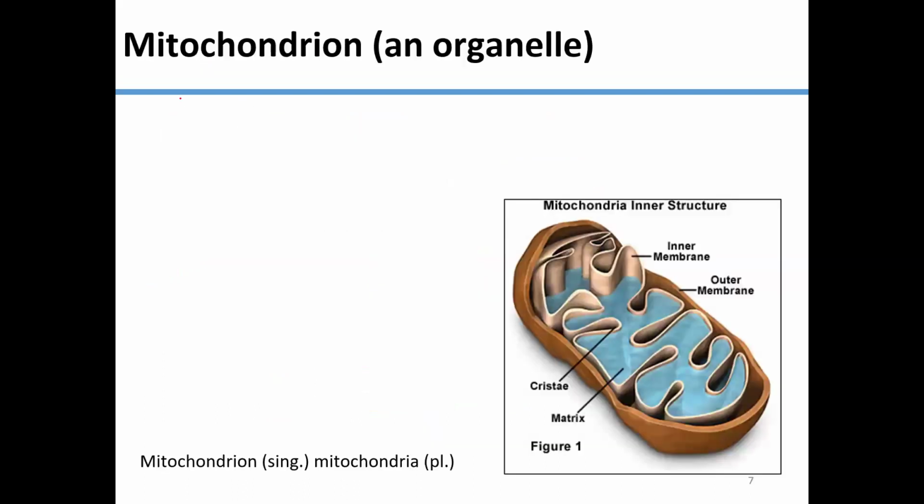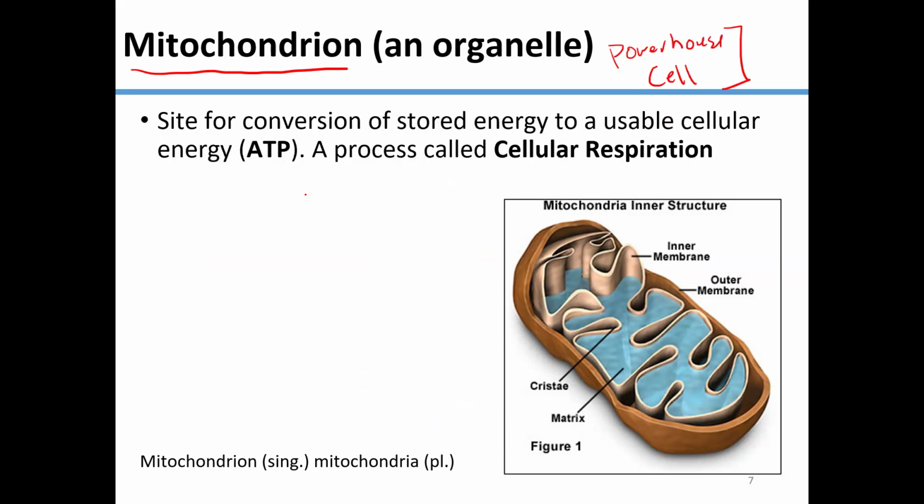The next organelle we're going to look at is known as our mitochondria. Now, when it comes to the mitochondria, I'm sure you've already heard that it is the powerhouse of the cell. Now, I'm sure you're probably wondering, why is it known as the powerhouse of the cell? The reason why is because it's going to go through a process known as cellular respiration.